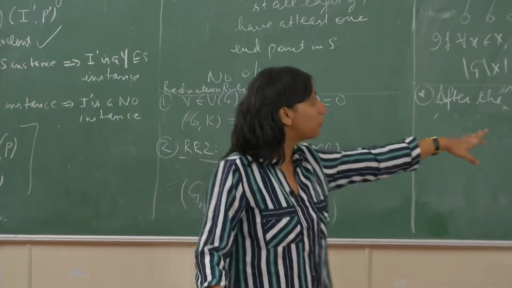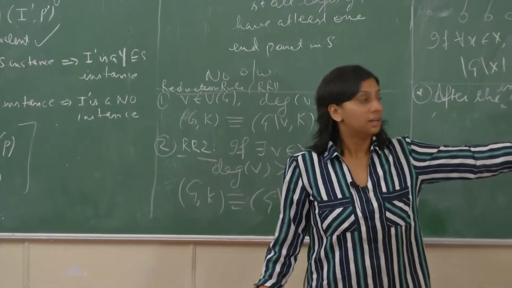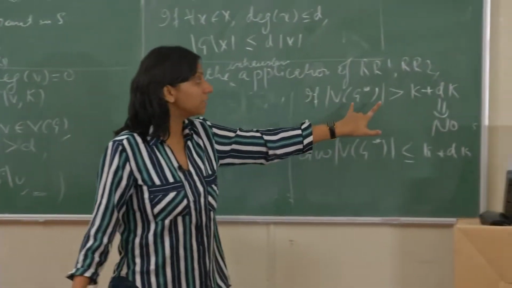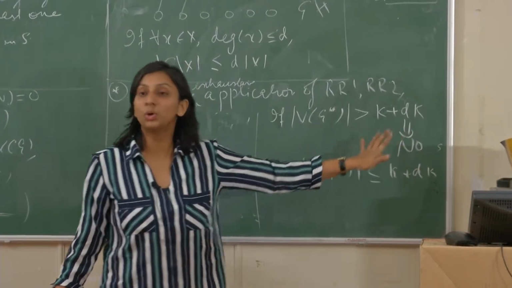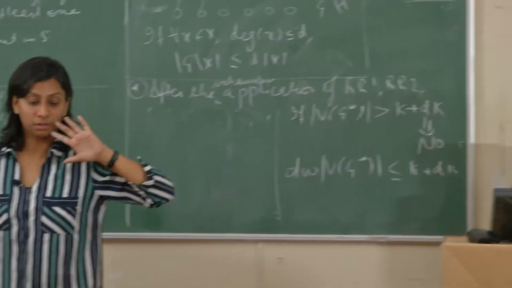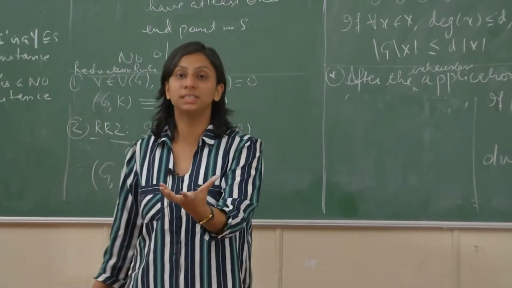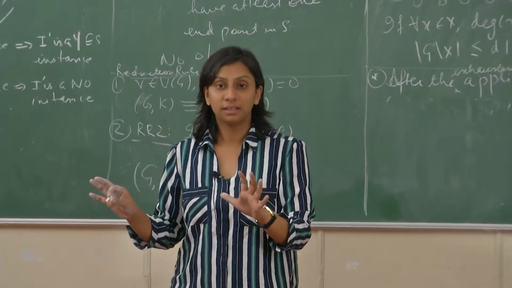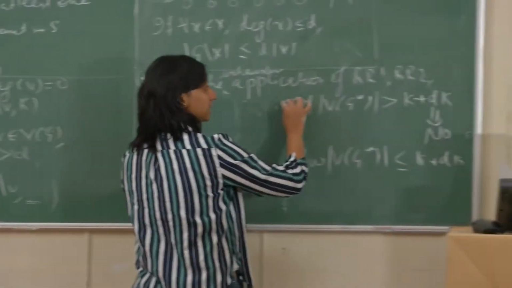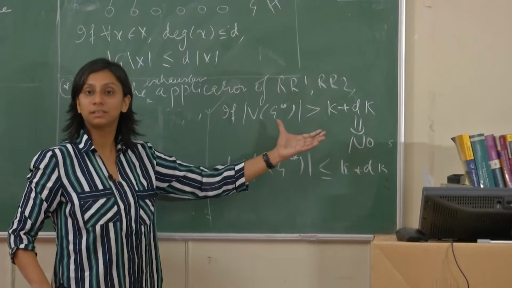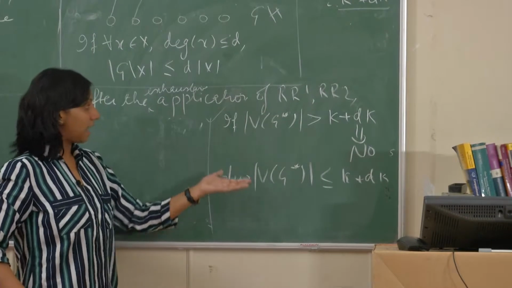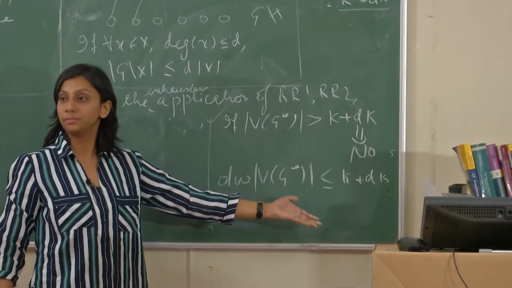So if the number is very large, then no k-size solution will be able to cover it, because every vertex has degree d and can only cover at most d things. This is the intuition behind why this holds.